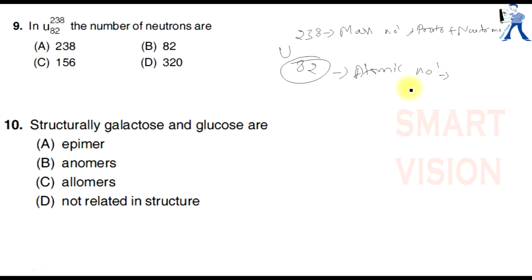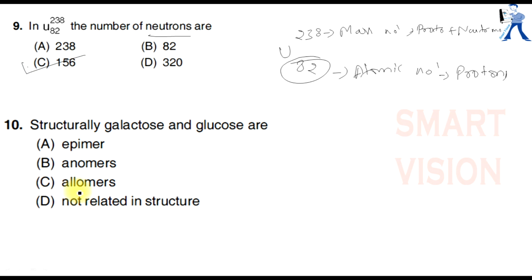And atomic number is only the total number of protons present in an atom. In the question they are asking about neutrons. If you subtract protons from the mass number, you will get the number of neutrons. 238 minus 82 gives 156. So the number of neutrons present in uranium 238 is 156.